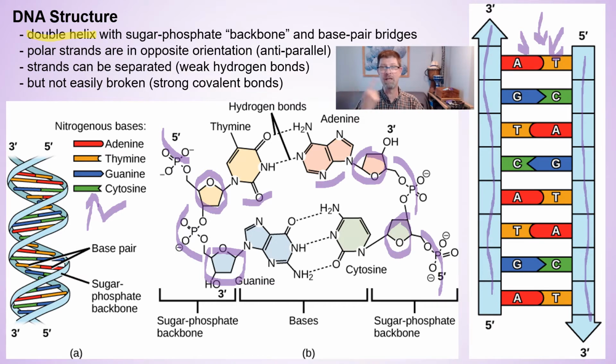So, a double helix with the sugars and phosphates on the outside and the nitrogenous bases on the inside, and each strand has some directionality to it. It has 2 different ends. We refer to these ends as the 5' end and the 3' end. You'll see the other strand has the 5' end up here and the 3' end down here.